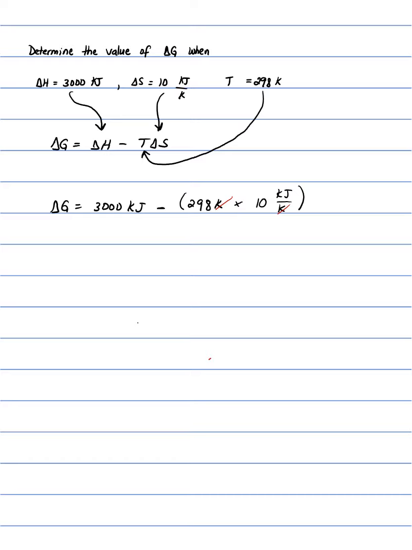And then you have a number that is in kilojoules. And that number will be 2980. So we have a final number, and that number is a positive number, 3000 minus 2980 kilojoules. That will give you 20 kilojoules.